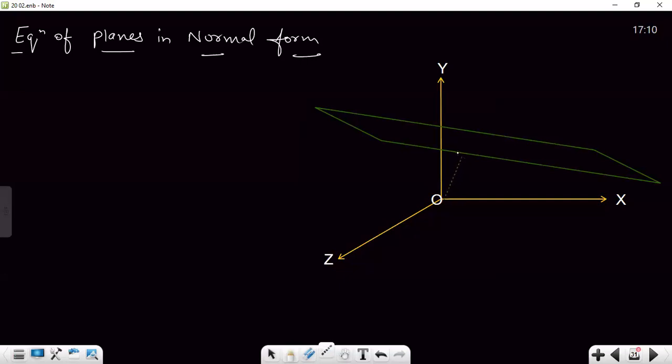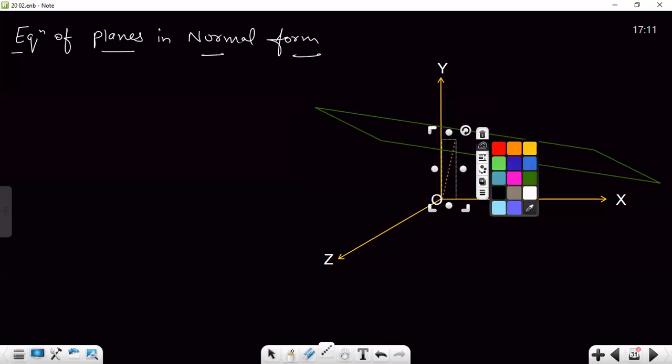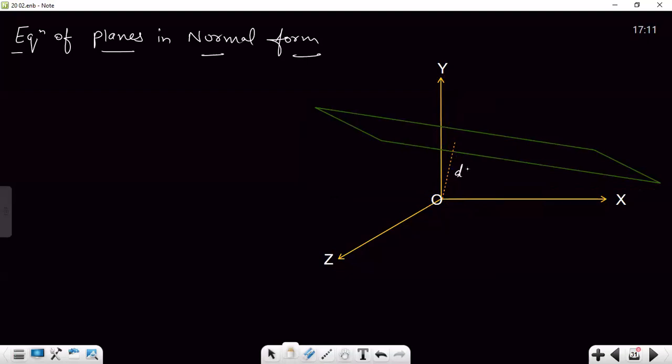So this is the perpendicular distance between the origin and the plane. This is what we have, and this is equal to d. What else do we have? We have this perpendicular vector and its magnitude.